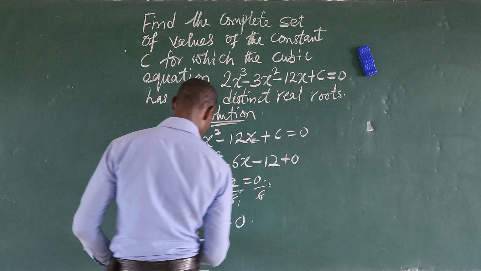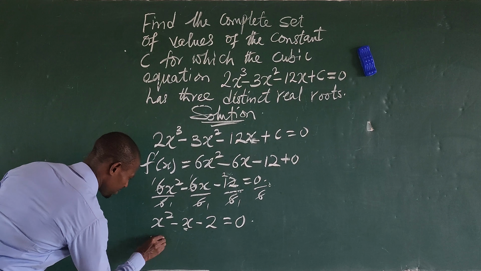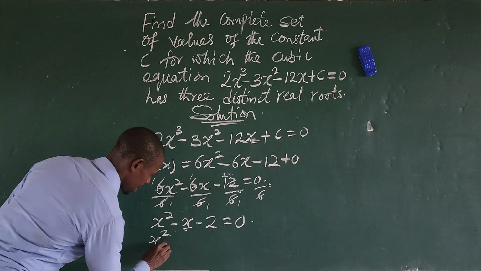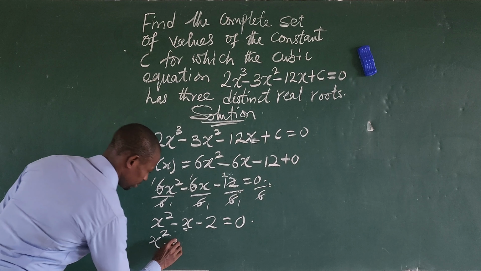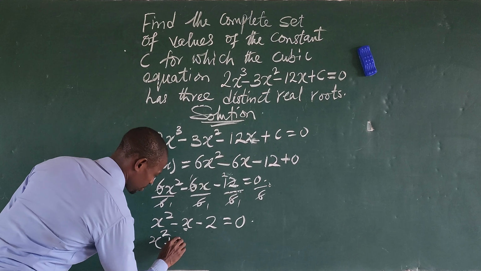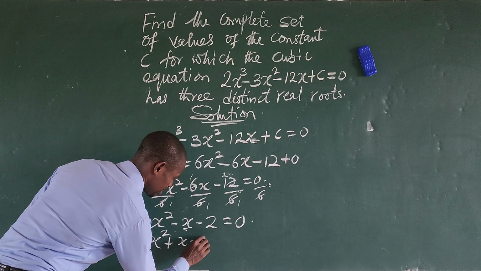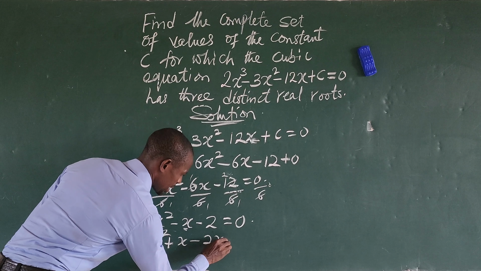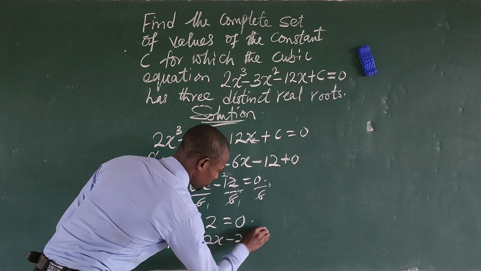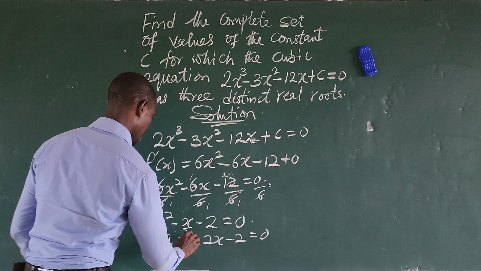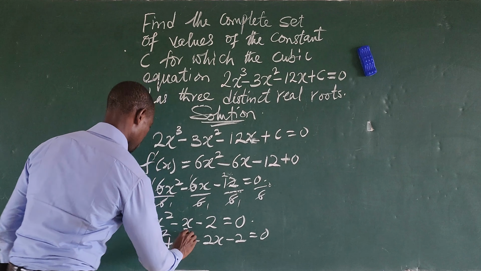So we can rewrite this middle term now. This is going to give us x^2, then plus x, then minus 2x minus 2 equal to 0. Then we can put this in brackets. Let's factor x from here.